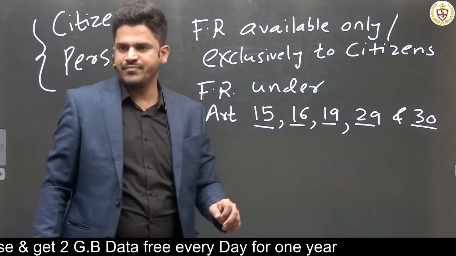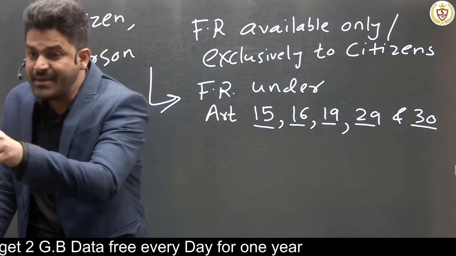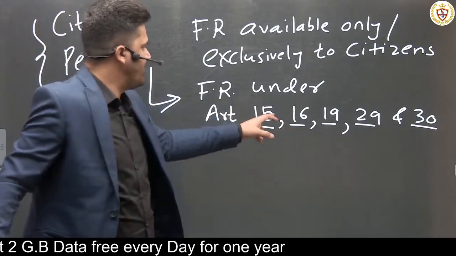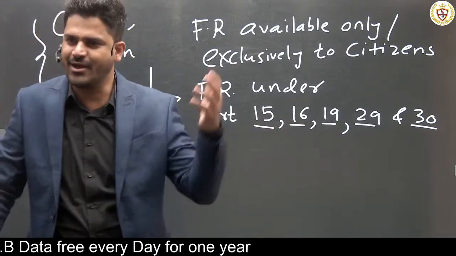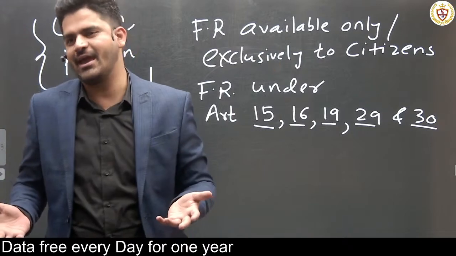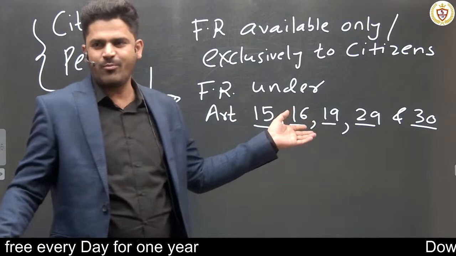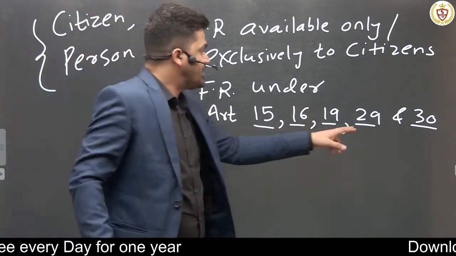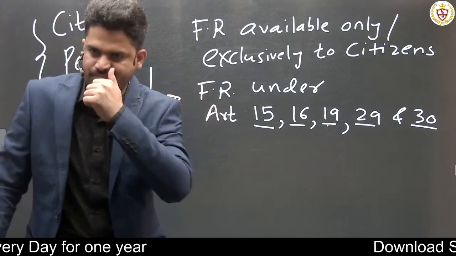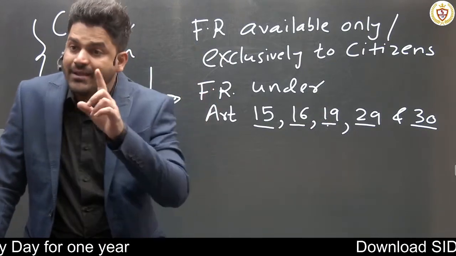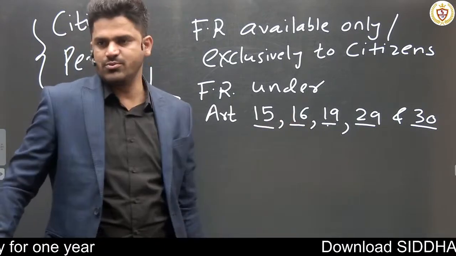Article 16, right to equality of opportunity in matters of public employment. This is also available only to citizens. Foreigners do not have the right to equality in employment. If our own people don't have jobs here and foreigners come and get the right to equality in matters of public employment, then that's a problem. Article 19 provides 6 fundamental rights, and these 6 fundamental rights are available only to citizens. What are these 6 fundamental rights?